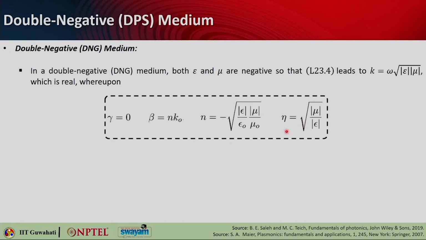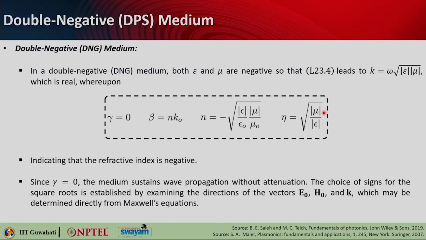The impedance of this medium is given by the square root of modulus mu over modulus epsilon. Fine, so these are the important things. Always remember that in this kind of medium, wave propagation is possible. You can get a negative refractive index, and you can have no attenuation when the wave propagates. The choice of sign for the square roots: whenever you take a square root it is plus or minus, but when both are negative, you take the negative one.